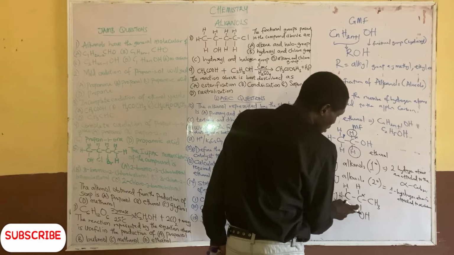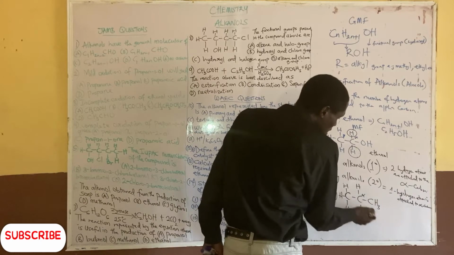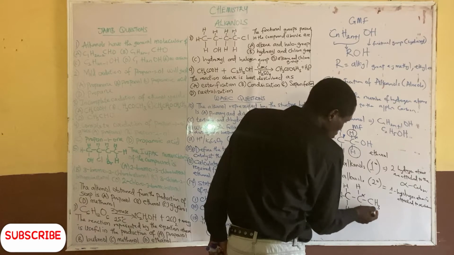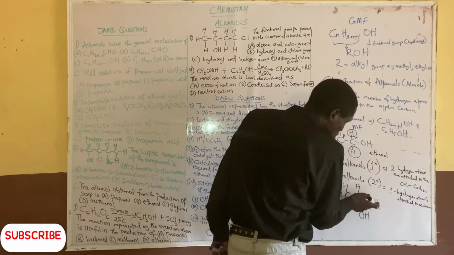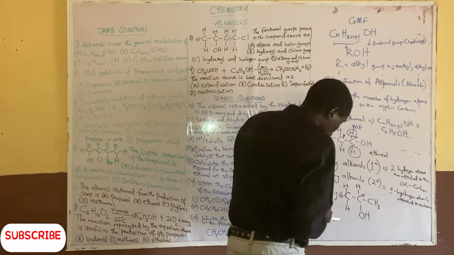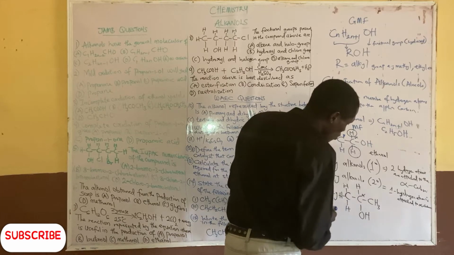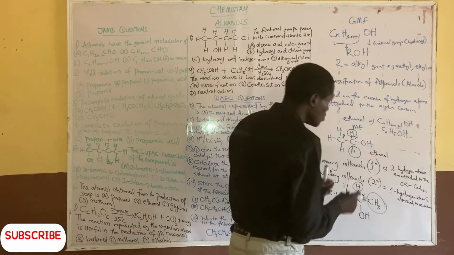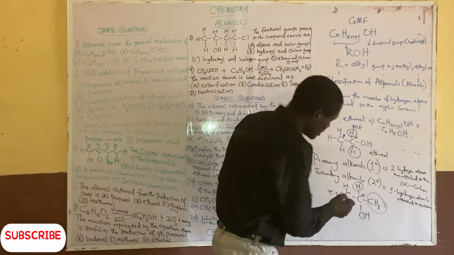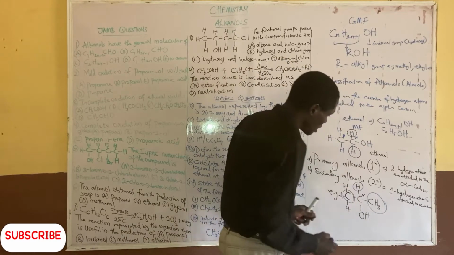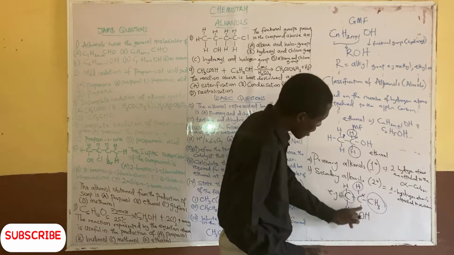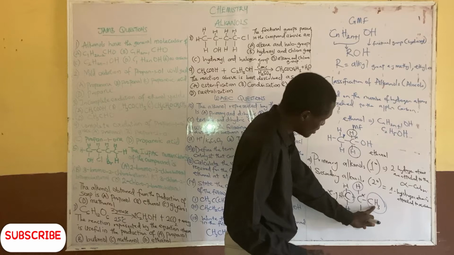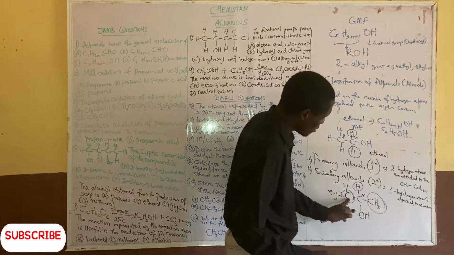And this alpha carbon now connects to a methyl group, and it connects to one single hydrogen. This is the third thing that it is connected to. So this alpha carbon that is carrying OH is connected to hydrogen, is connected to one methyl, and is connected to another methyl here.